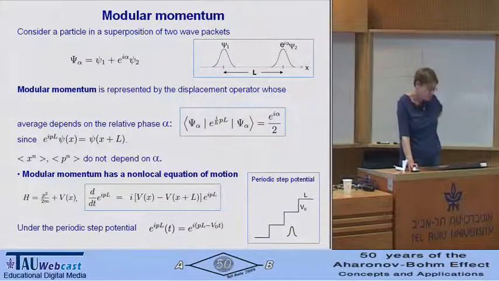Modular momentum has two important attributes. The first is that it has a non-local equation of motion. As you see here, the change in modular momentum depends on this non-local potential difference.